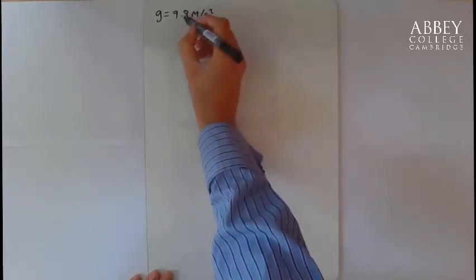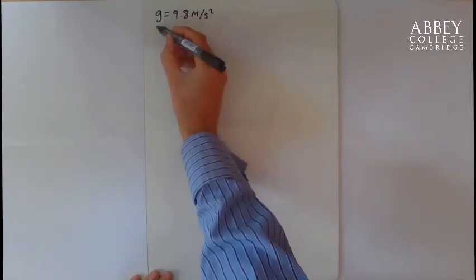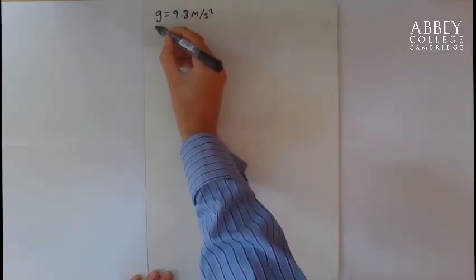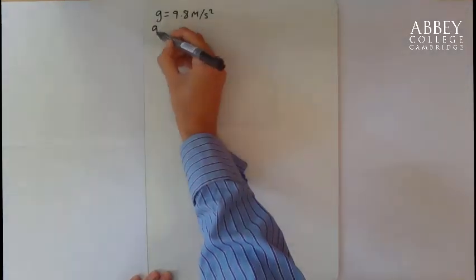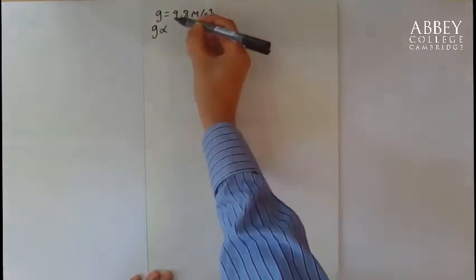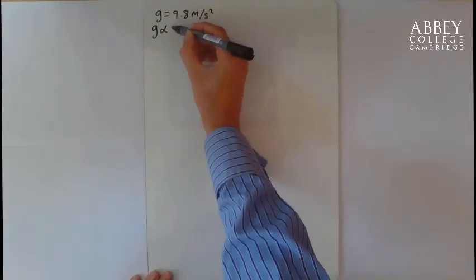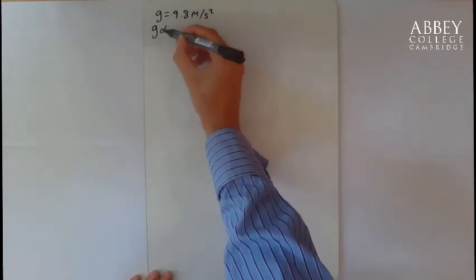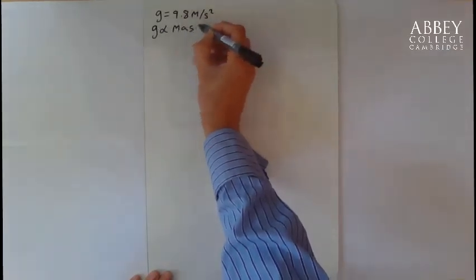And this was an accurate value that he knew was directly proportional to mass. He had deduced that mass was responsible for causing gravitational field strength. So G was proportional to mass.